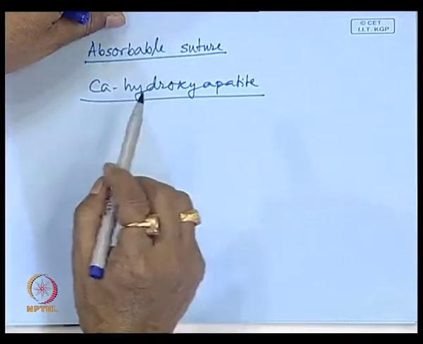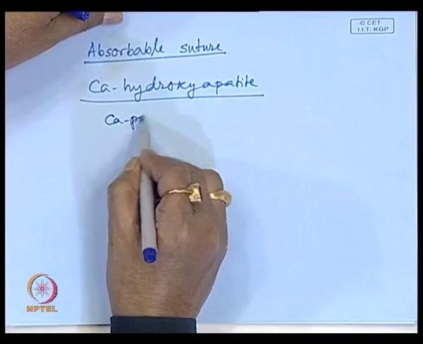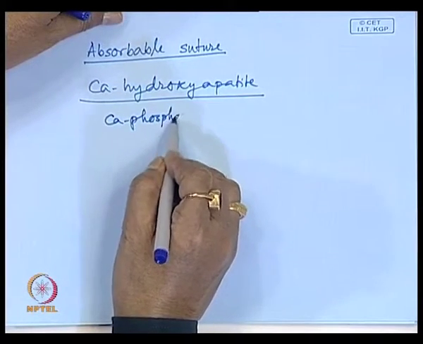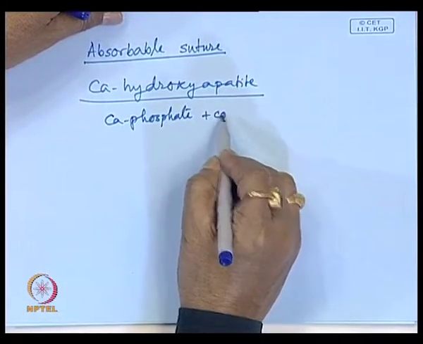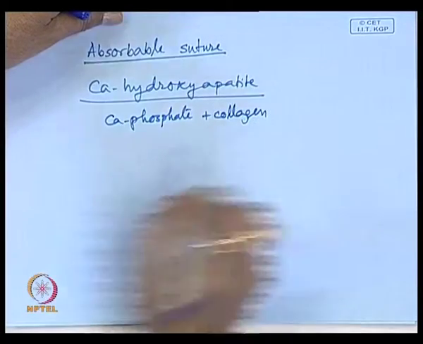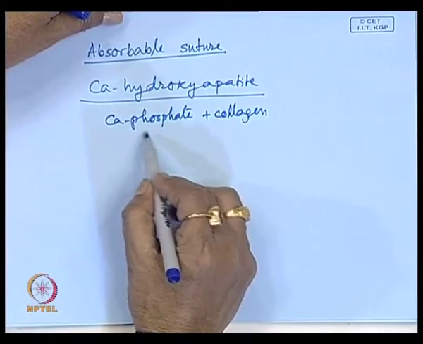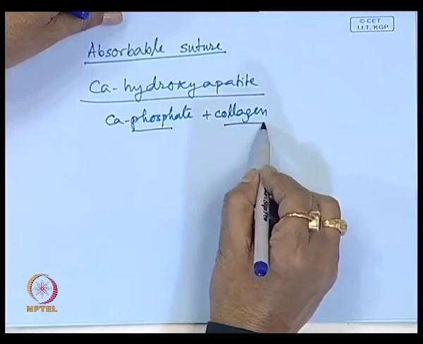Now, a porous scaffold is made from this, or a composite is made from this calcium hydroxyapatite or bioglass or calcium phosphate using collagen as the matrix. This is the reinforcement, this is the matrix.